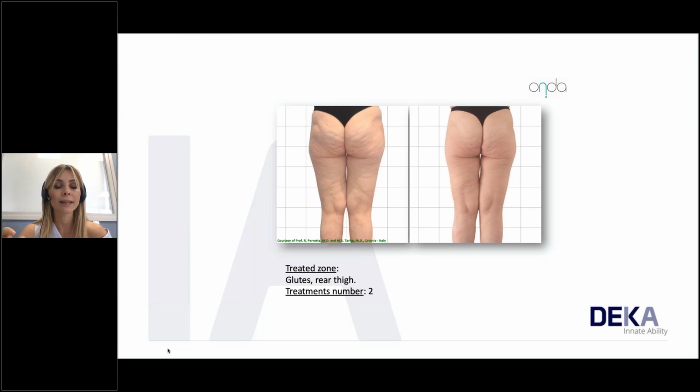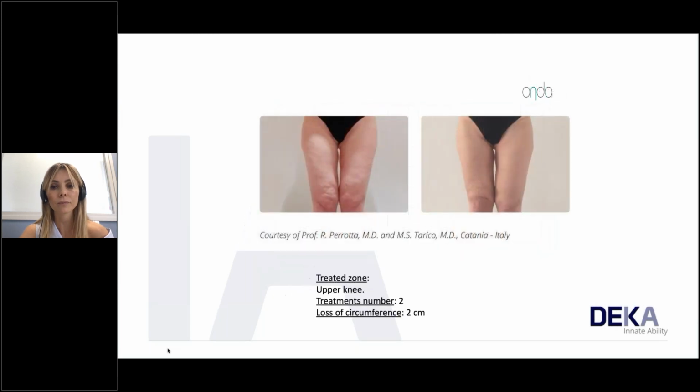The distance between the line of the square and the body of our patient increases in the second picture. Again, you can see a loss of circumference of 2 centimeters after 2 treatment sessions.